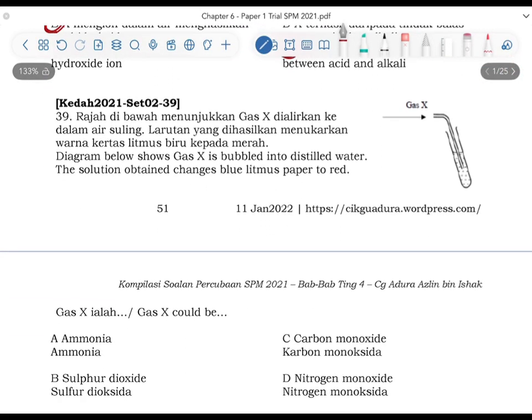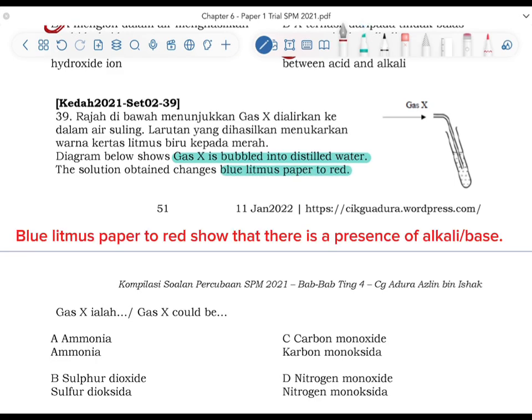Okay. The next question. The diagram below shows gas X bubbled through distilled water. The solution obtained changes the blue litmus paper to red.